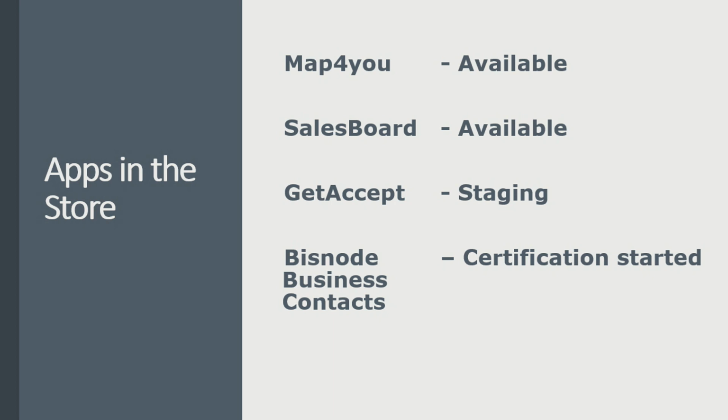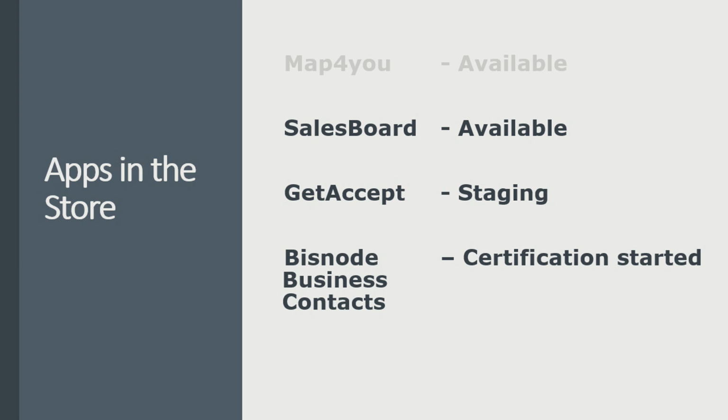And today, these are the apps we're currently working on in the App Store. Today I'm going to focus on these. It's going to be tight anyway, because it's 3 rather big ones, I must say. One is available. I don't know how many have tested Salesboard. 1, 2, 3, 4, 5, 10. Potential. All right, and then I'm going to talk a little bit about GetAccept, which is also in the room.